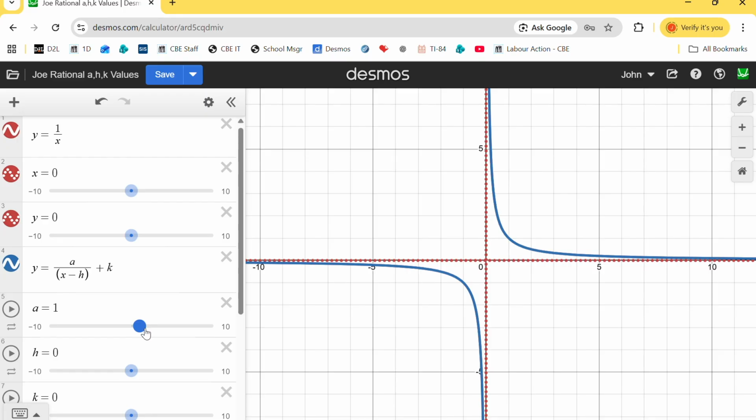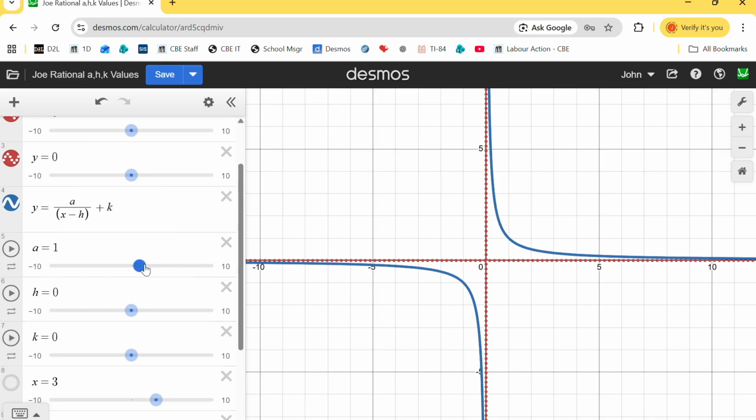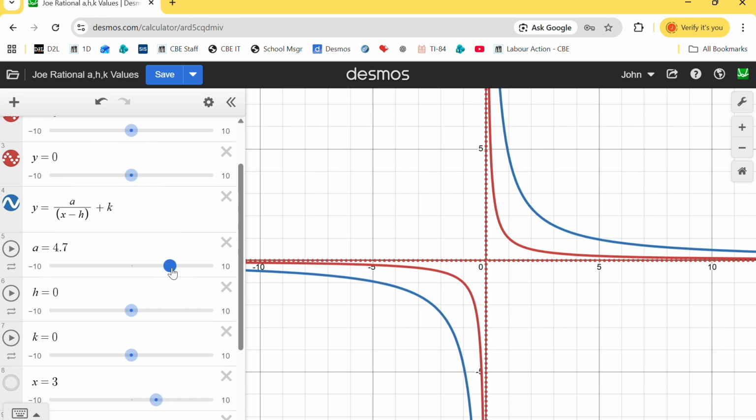So what happens when we go a value equals 5? Well, that's a vertical stretch about the x-axis. So there's a equals 5. And then we said, here's the weird thing, the horizontal translation, the h value, that will affect our vertical asymptote.